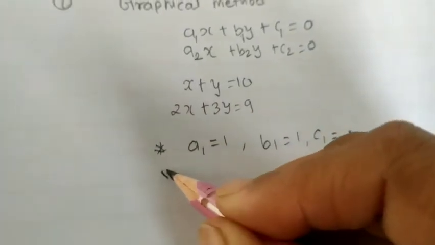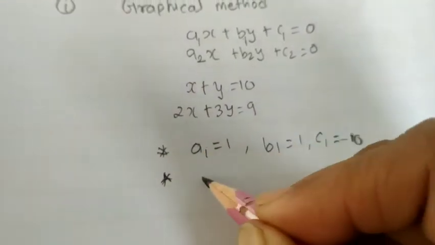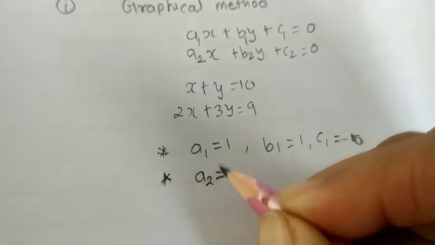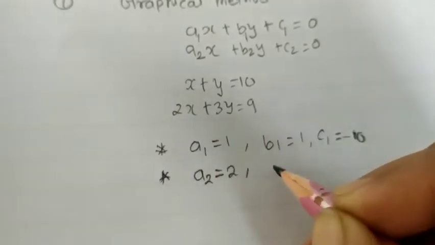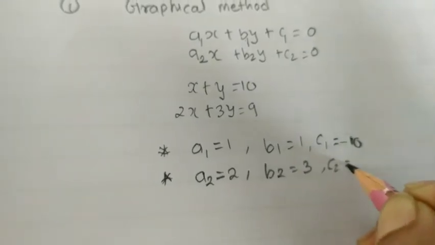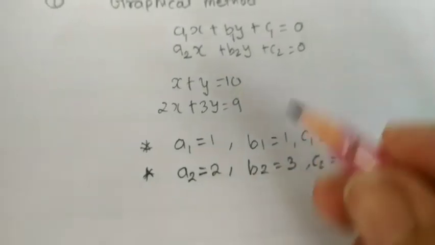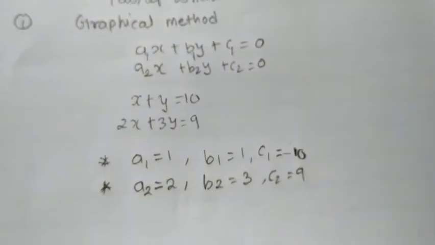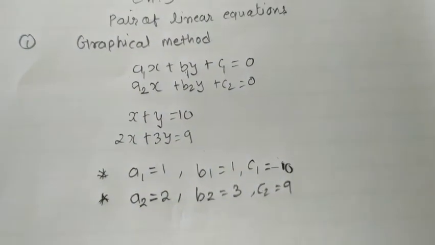Now for the second equation, a2 is 2, b2 is 3, and c2 is 9. This is how we can identify a1, b1 and c1.